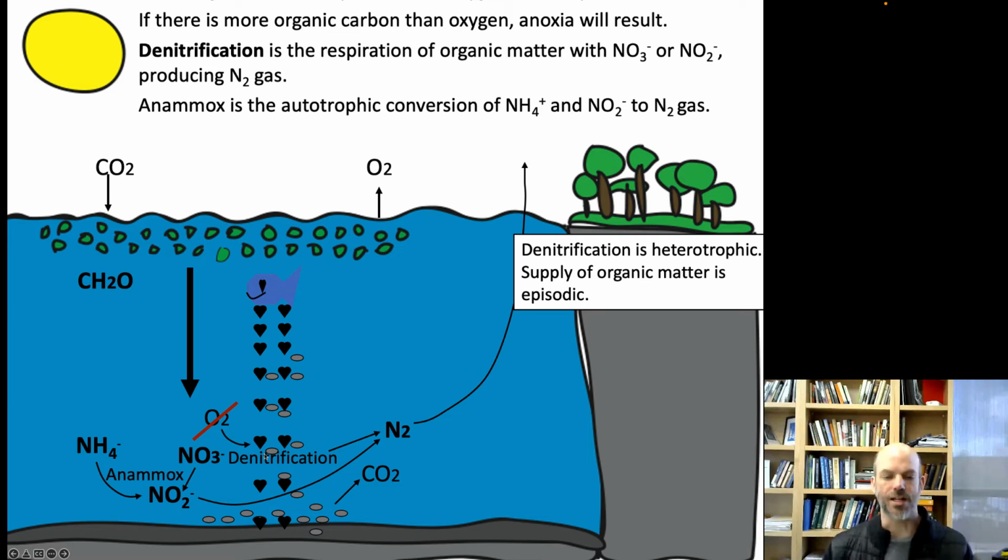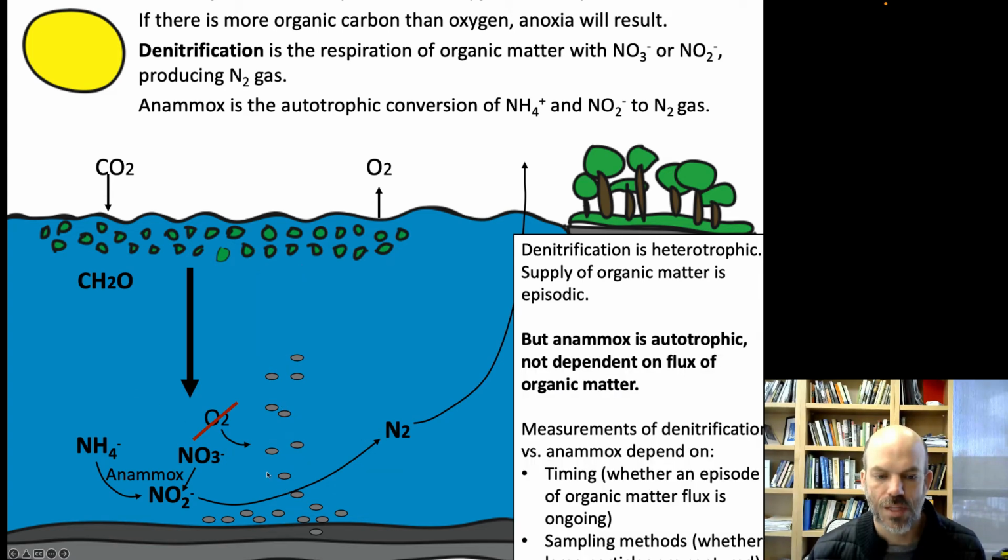So why do you get different answers with different studies? Again, denitrification is heterotrophic. Anammox is autotrophic. That means anammox does not really care very much how much organic matter is being produced. It carries on much the same whether there's a lot of fish poop or a lot of decomposing phytoplankton biomass or not.